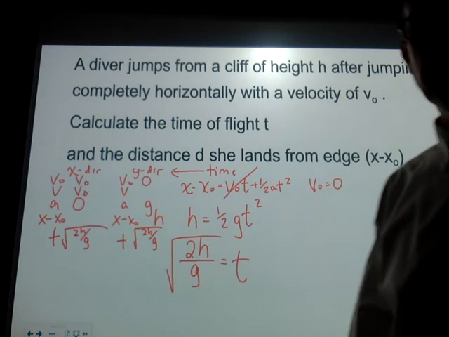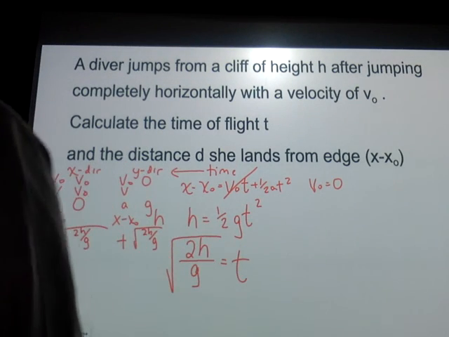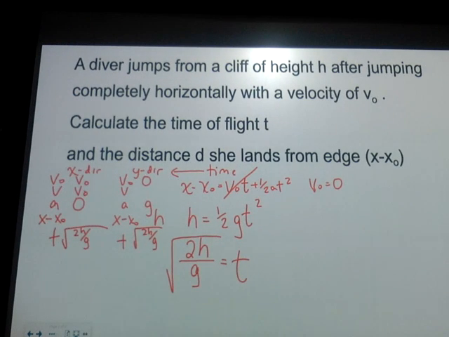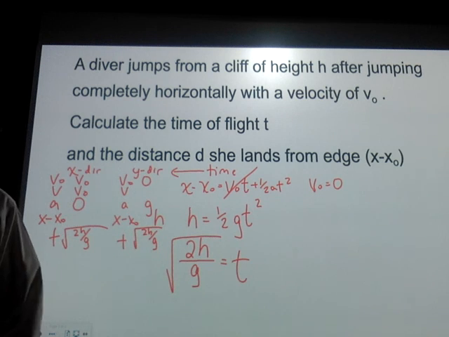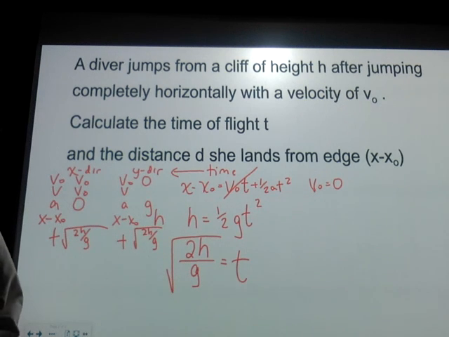I'll give you guys a minute to get caught up. So in general, the time is going to be the square root of 2 times the displacement divided by the acceleration. And I'm assuming that this diver's on Earth because they didn't tell me otherwise.